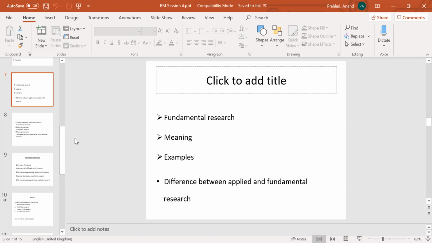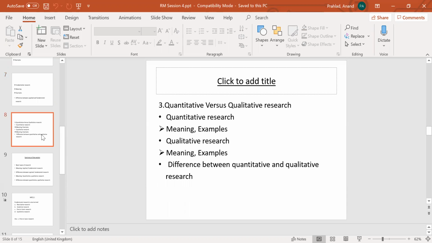Applied research aims only at finding solution to an immediate problem, whereas fundamental research just makes generalizations or formulates theory or adds to something that is already existing in the body of scientific knowledge. This is the difference between applied and fundamental research.